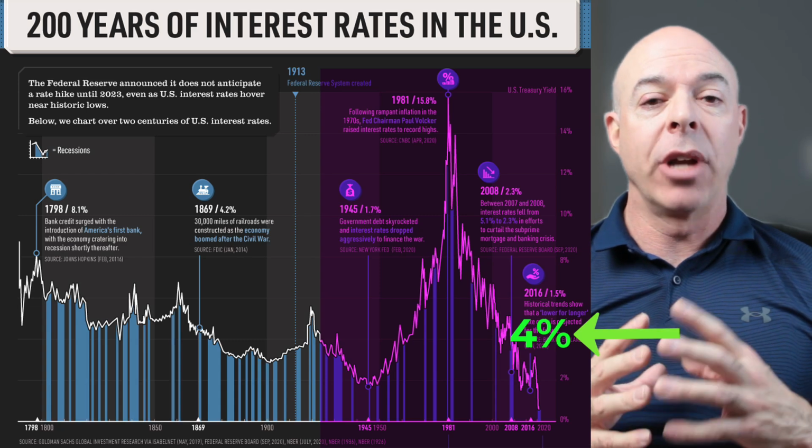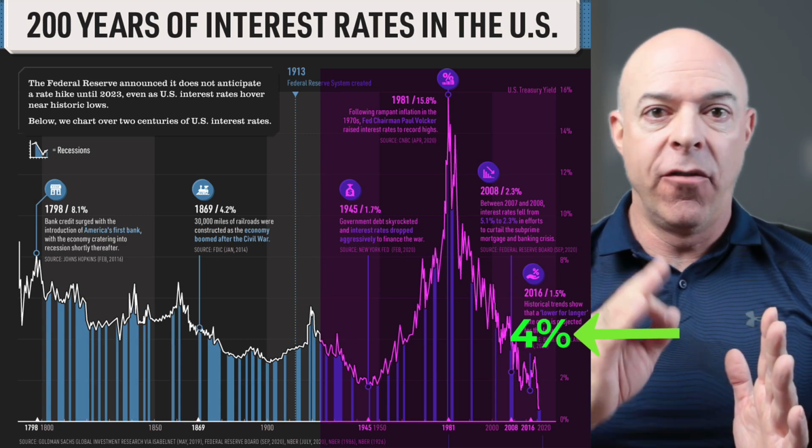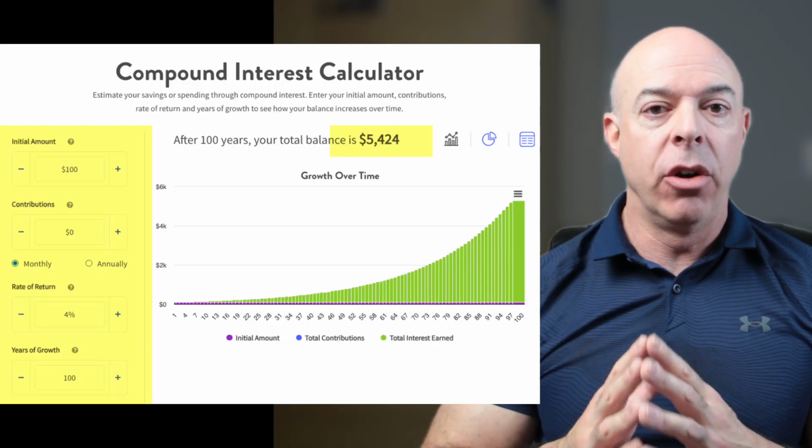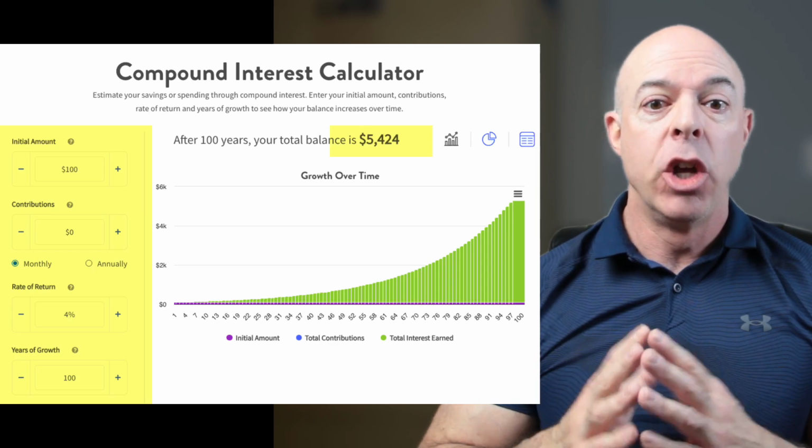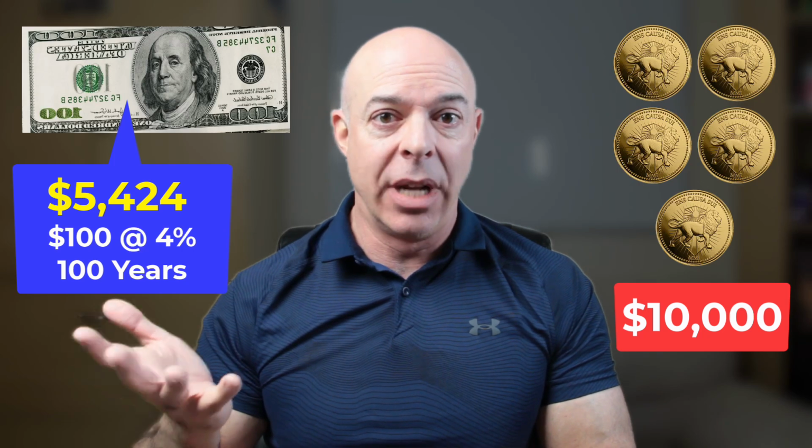So your $100 compounded every year at 4%. At the end of that 100 years, you can see here in this calculator, you would end up with $5,424. Not bad. You compare that to the gold, which is at $10,000.